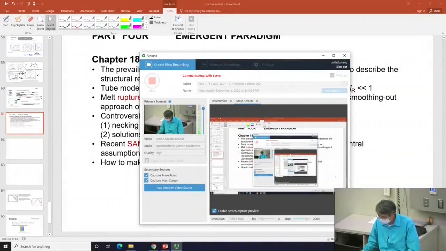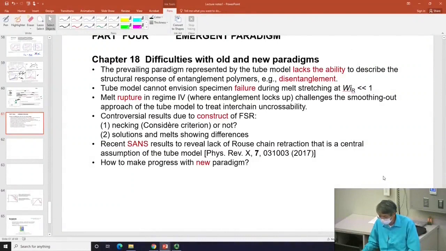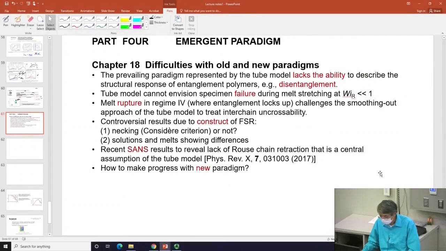Okay, so we actually jump onto chapter 18, although it's not the final chapter, but I plan to more or less stop at this chapter. There's a bunch of things that I'm not going to follow in this particular outline.